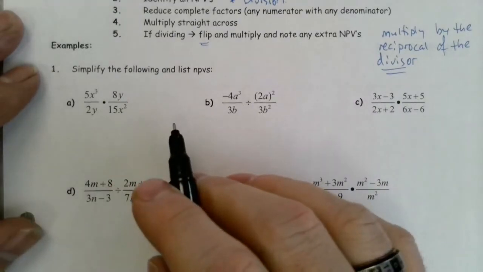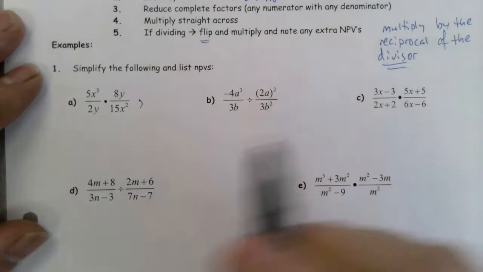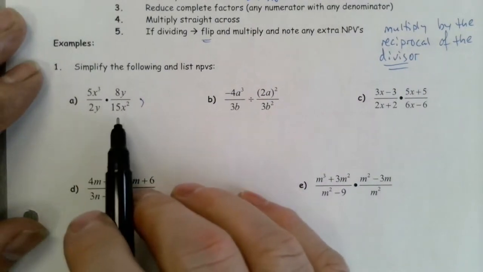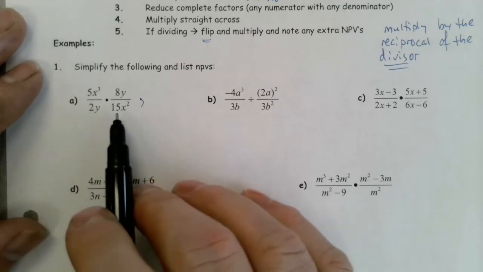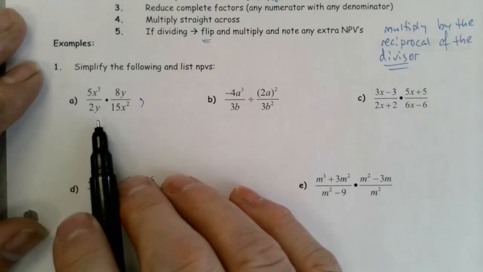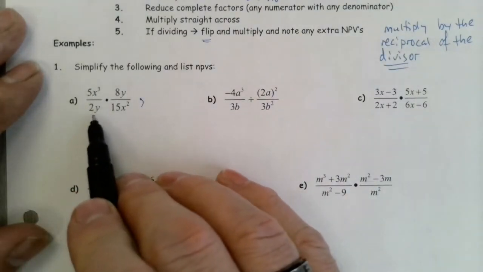Now, I want to identify my non-permissibles here. Right from the get-go, I want to look at my denominators and figure out, are there any values for the variables that would cause me to divide by 0? Because I don't want to do that. I have 2 times y right here.